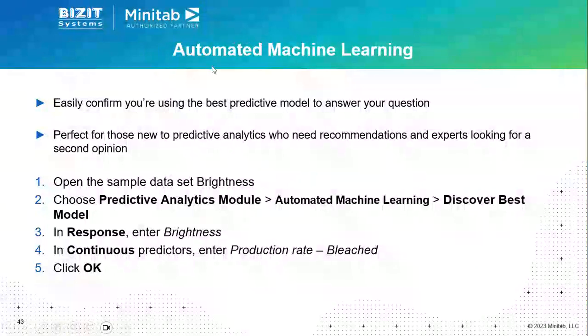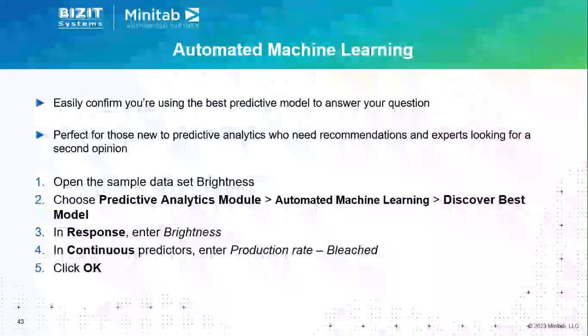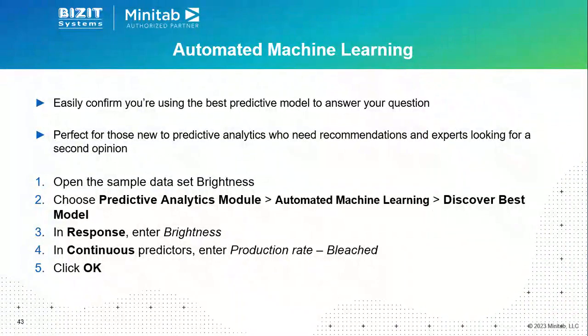We call it automated machine learning. Automated machine learning is something where Minitab will help you create all the available algorithms, and then Minitab will give you the best algorithm based on the highest value of R squared. For the regression, if let's say you go for classification, we go for the ROC.